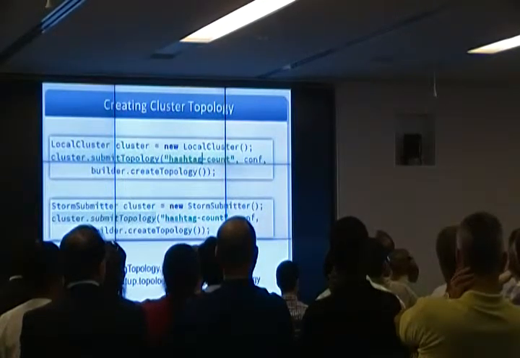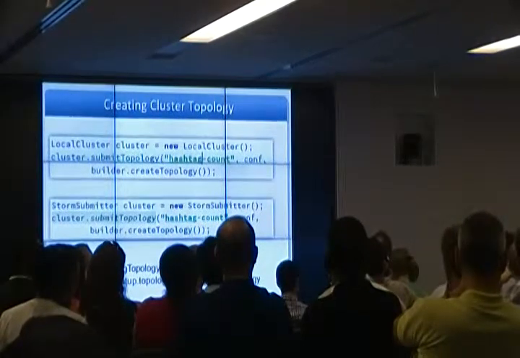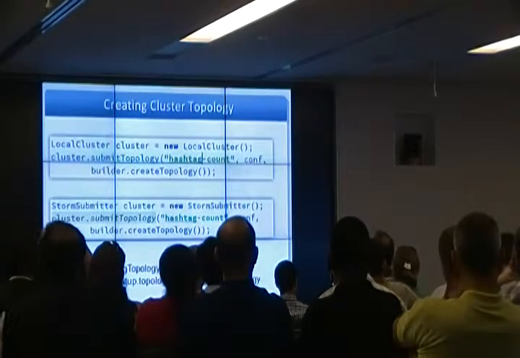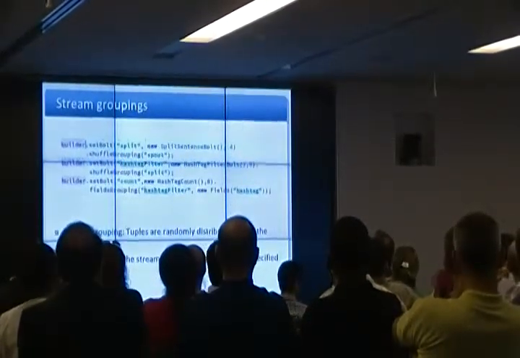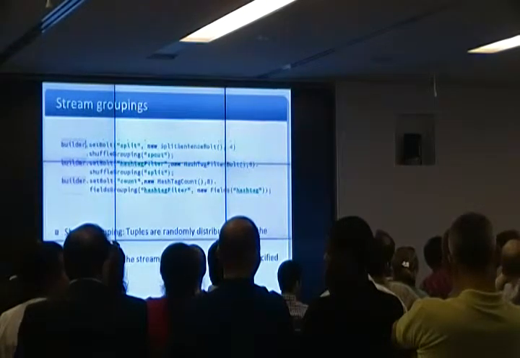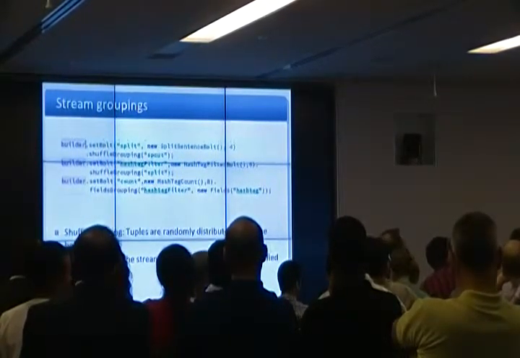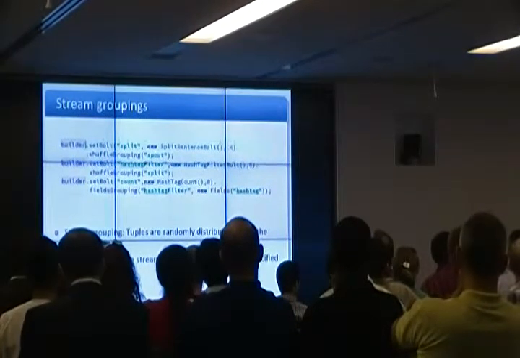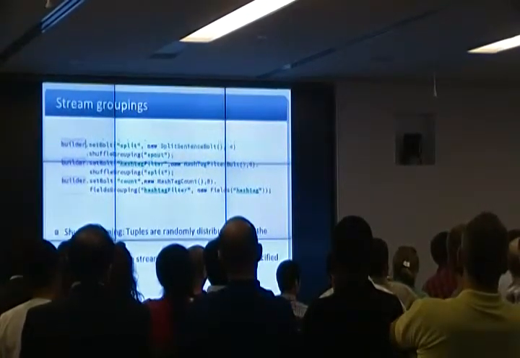Actually, the whole Storm is written in Clojure. So if you want, I think you can write something in Clojure and contribute. Yeah. So most of the people are recommending Clojure over Java. No, in Storm, if you develop an application, you can develop in any language. But it's more focused towards Clojure.